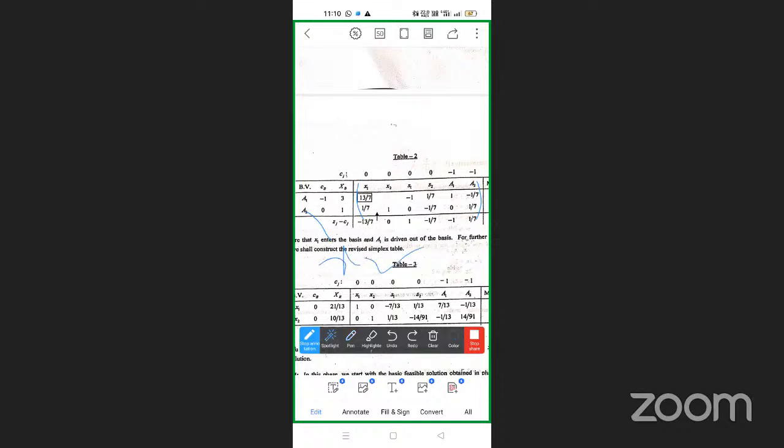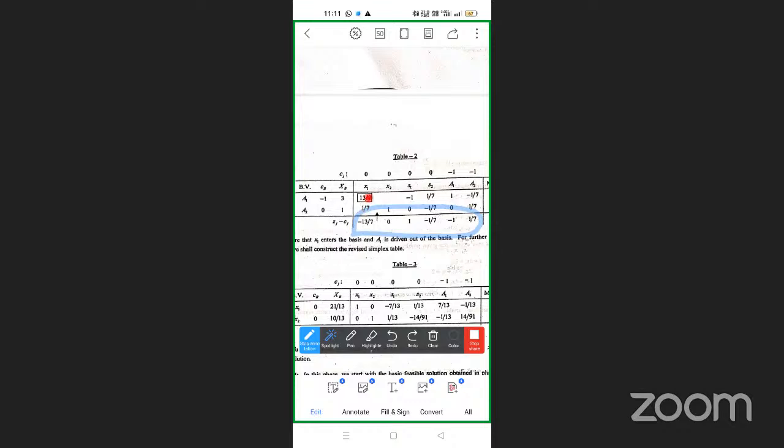Next we find all the delta j values. By using the previous formula, in these delta j values the most negative value is minus 13 by 7. So x1 is the incoming vector and a1 is the outgoing vector.